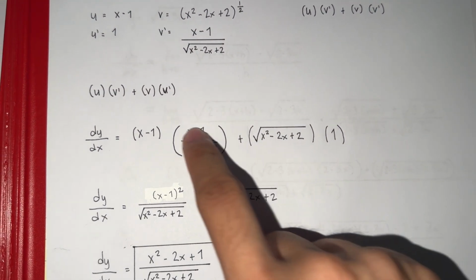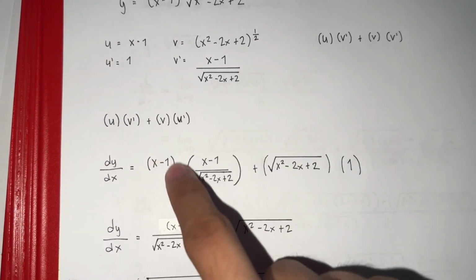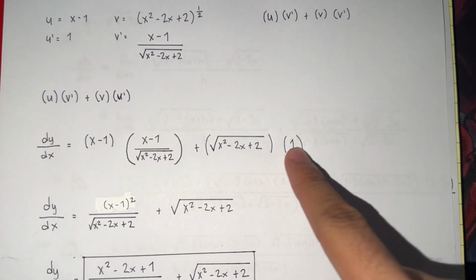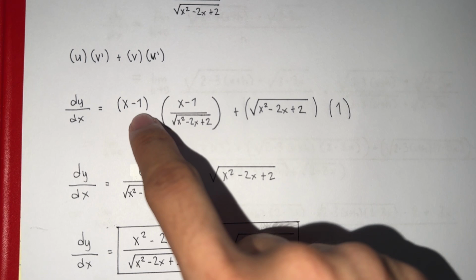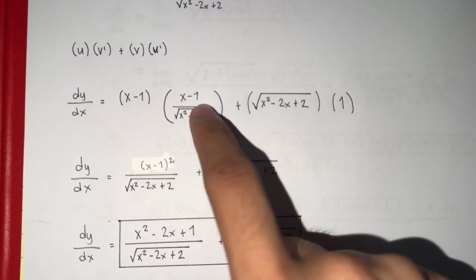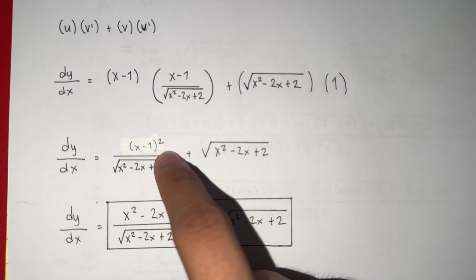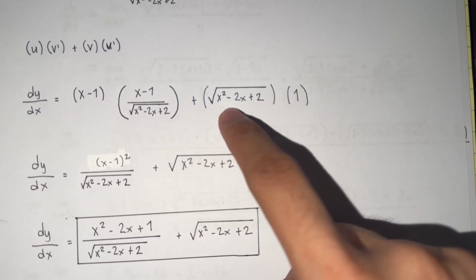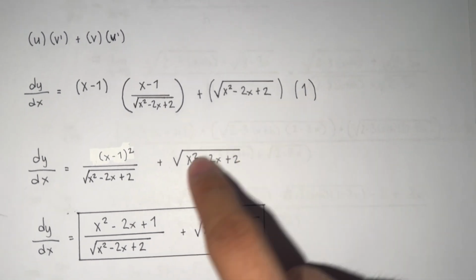So now we can input it here in our formula. This is the u, this is the v prime, this is the v, and this is the u prime. Multiplying each other, x minus 1 multiplied by x minus 1 becomes x minus 1 squared, plus square root of x squared minus 2x plus 2 multiplied by 1 is still the same.